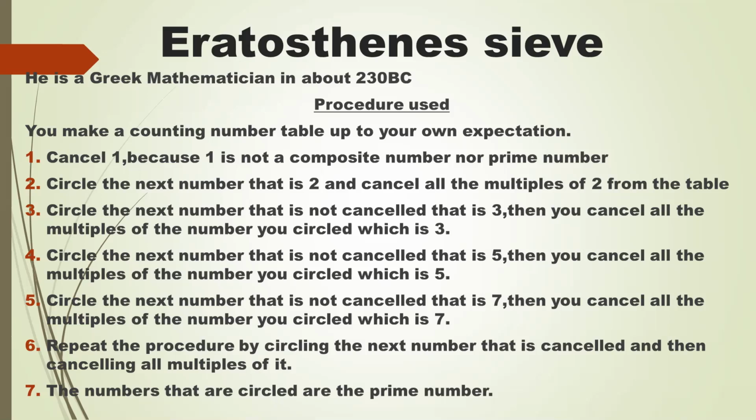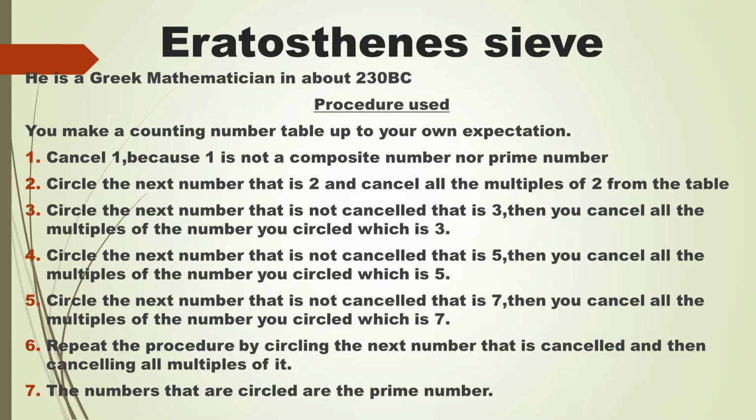So the process is called the Sieve of Eratosthenes. You can make a counting number table up to your own expectation.